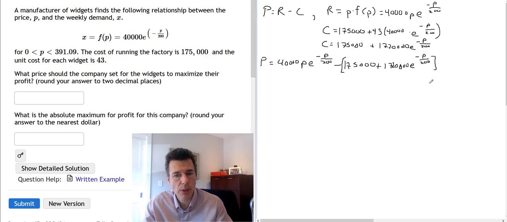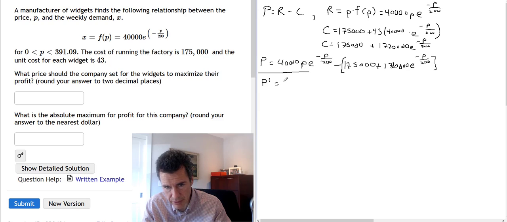Okay, we want to find critical numbers, so we take the derivative of our profit equation. P prime equals, we've got a product rule here, so that's 40,000 e to the negative p over 200 plus 40,000 p times the derivative, which is negative 1 over 200 e to the negative p over 200.